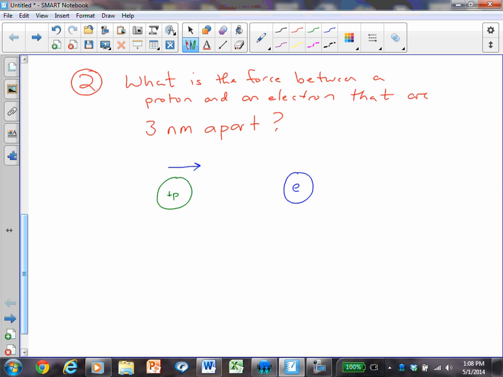Equal and opposite, right? An attractive force. The separation distance is 3 nanometers. What is 3 nanometers in meters? Negative 9.